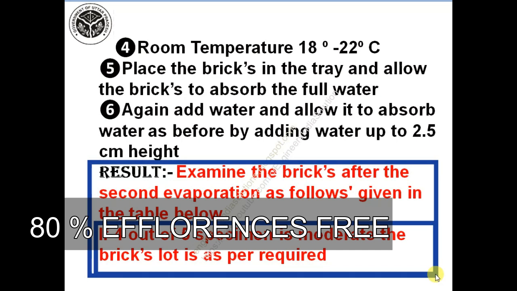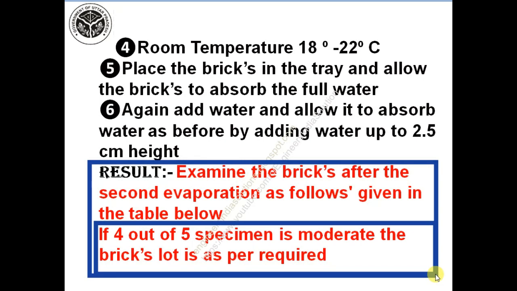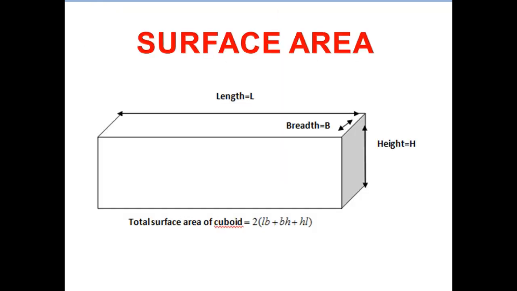In case it is, then we have to conduct the practical once again to clarify ourselves, and we will reach the final decision. Now I'll be explaining the surface area. So now coming to the surface area.